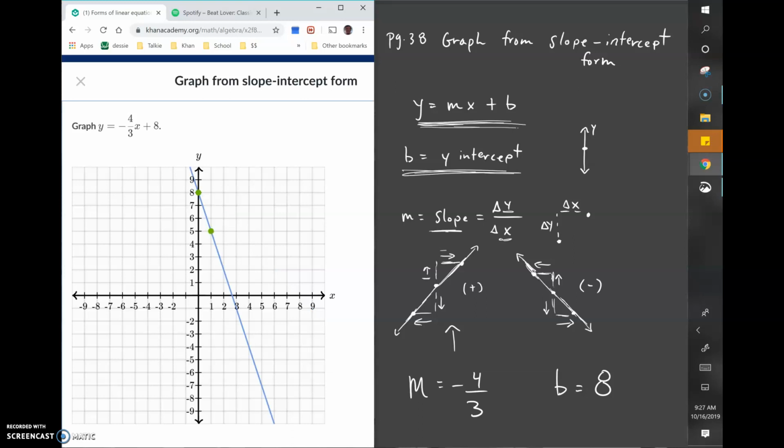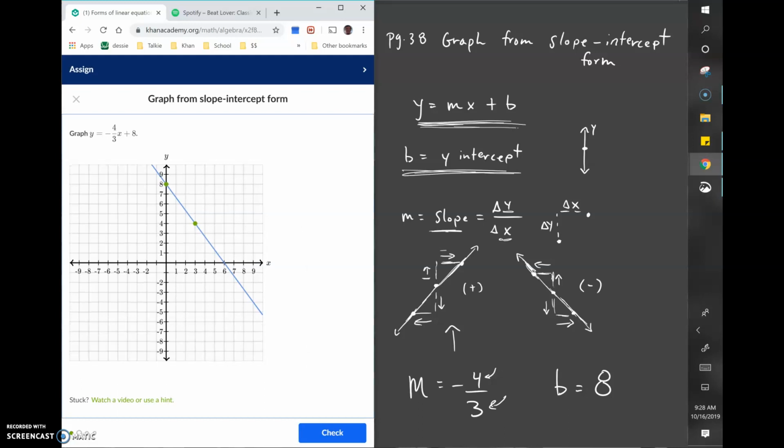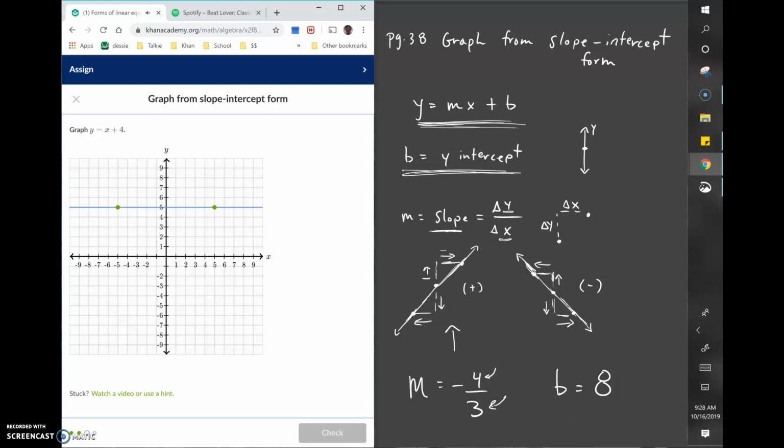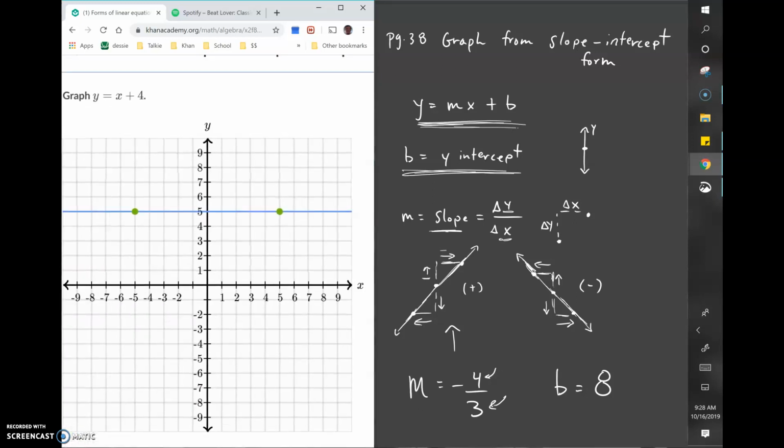So I'm going to go down 4 units. So down from 8 would be 7, 6, 5, 4. So right here I've already gone over 1 unit to the right. I need to go over 3 more. So 2, 3. And that should be it. Boom. Graphing in slope-intercept form is fun.